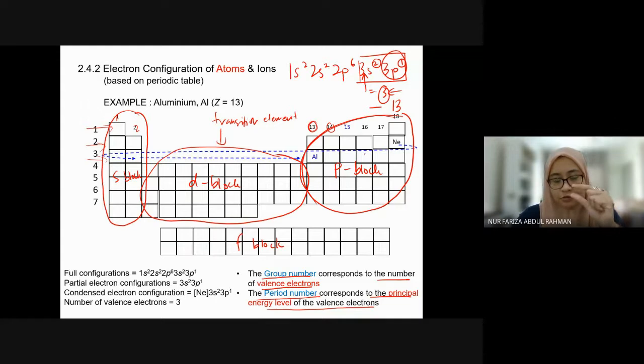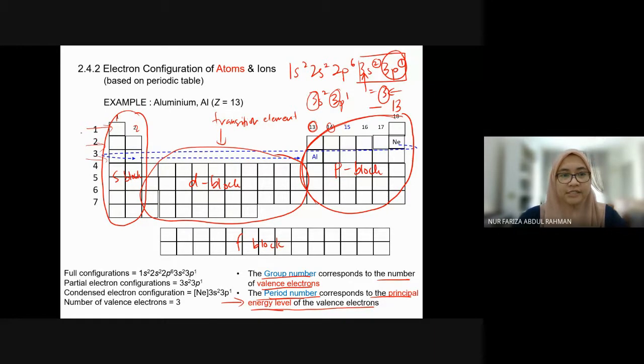And to specify further, we need other information. So we have 3s2, 3p1. We know that aluminium comes from P block, and then we have so many rows there. So which period is aluminium located in? The n here, the period number, corresponds to the principal energy level.